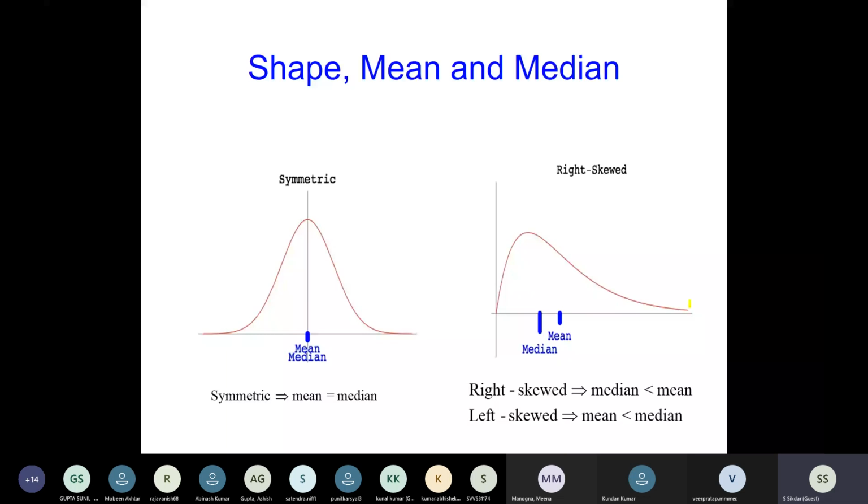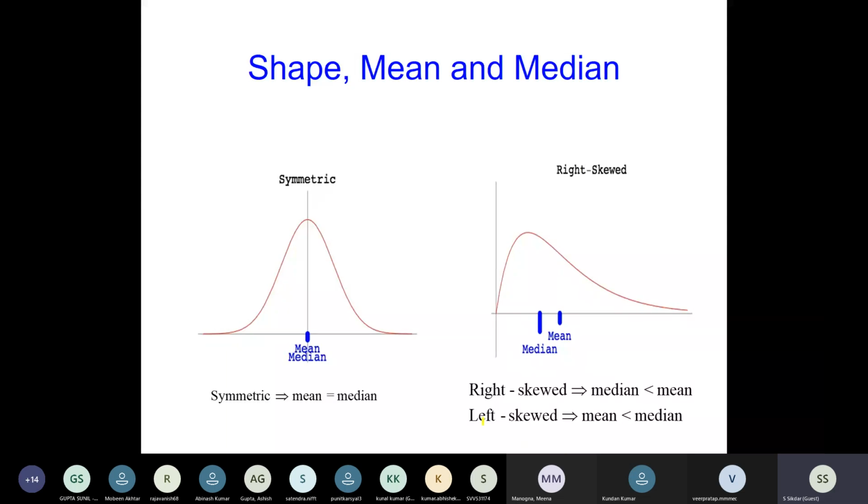In that case, the mean is larger than the median. It is not necessarily true, though. Another day I'll give you a link showing this, or if your data are sequential, in that case this is not true.